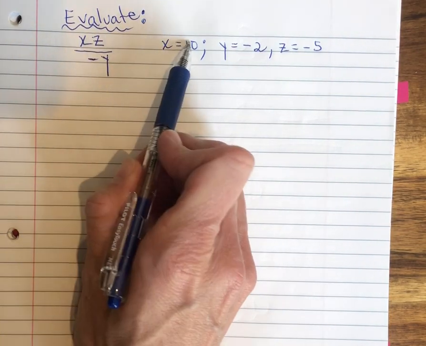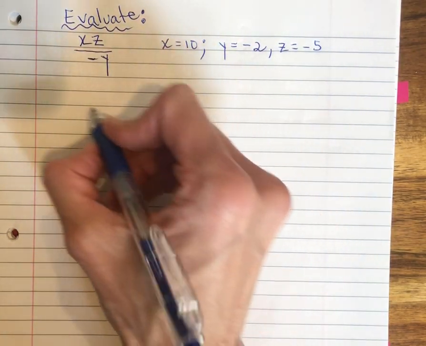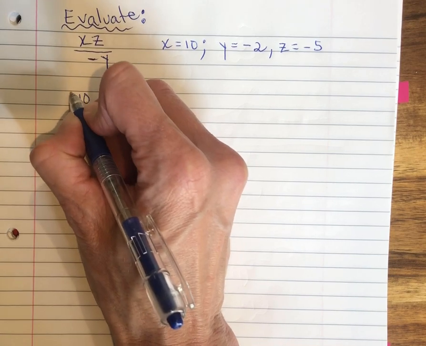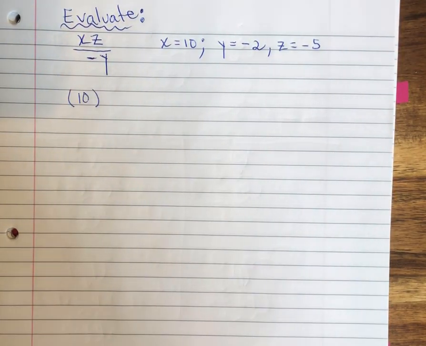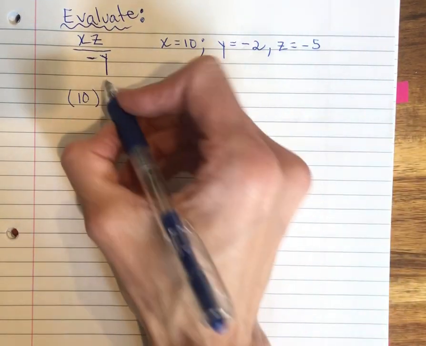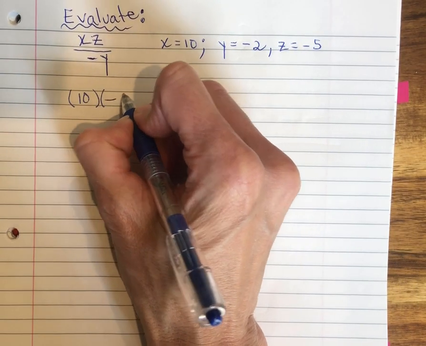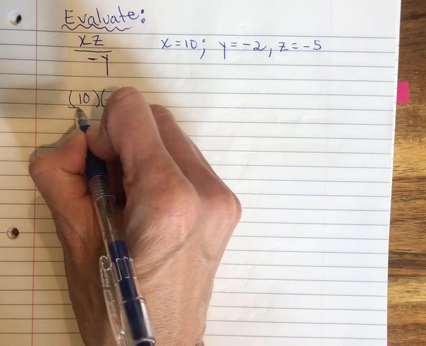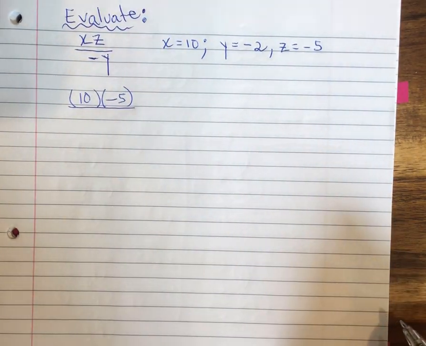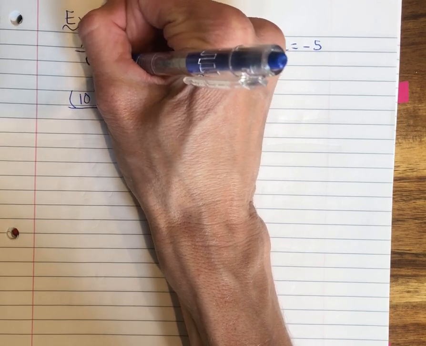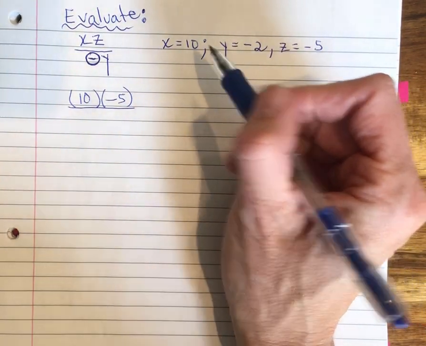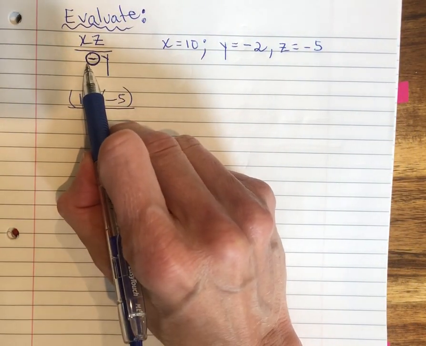So it said our value for x is 10. So instead of an x, I'm going to substitute in a 10. I'm just going to plug it into parentheses there. Smash together means we're going to have to multiply. Z was negative 5, so I'm going to plug that in. Now here's the tricky part. I want you to circle or highlight if you have one handy. I don't have one handy. Circle that negative sign, okay?